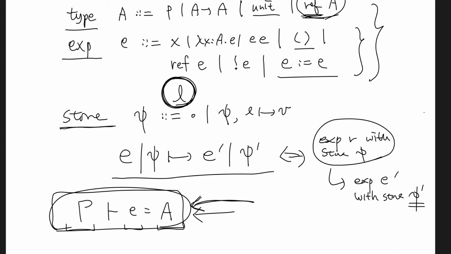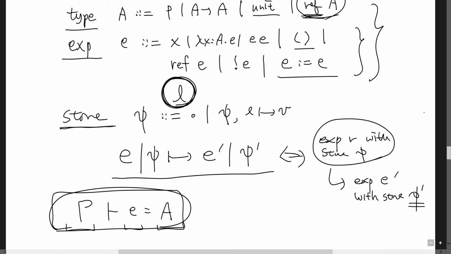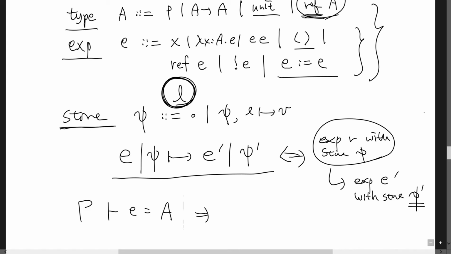So we might be tempted to extend this typing judgment into this one because we need a type for this location. So the first attempt is, why do we not just add this store directly?